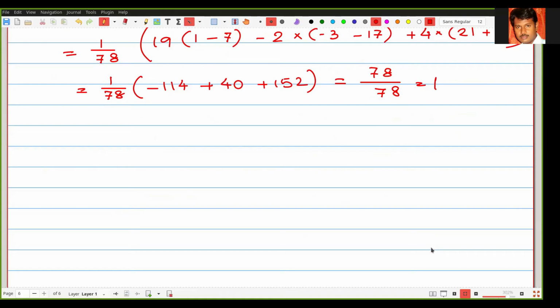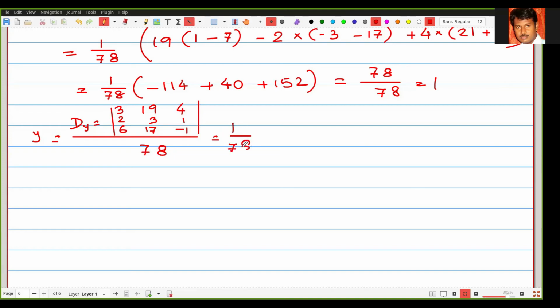Let's check the value of y now. So y is equal to dy, that means we are changing the second column: 3, 2, 6, the first column 19, 3, 17, 4, 1, -1 divided by 78.